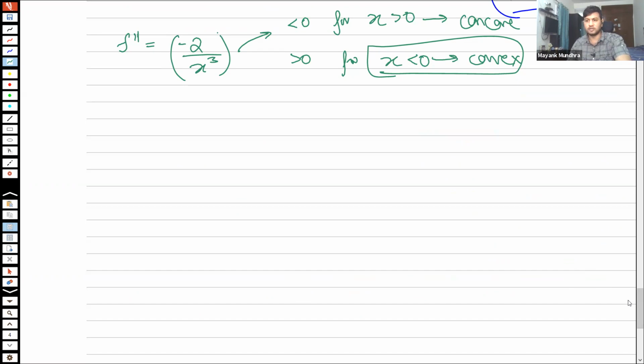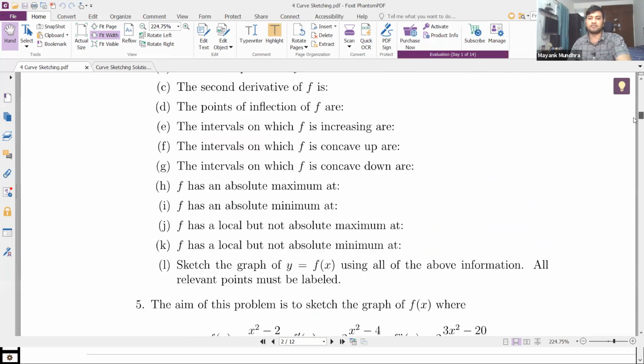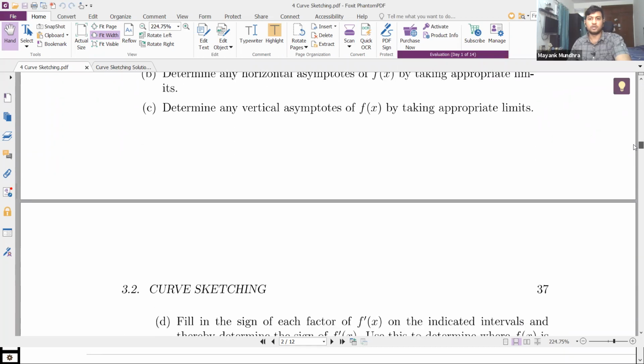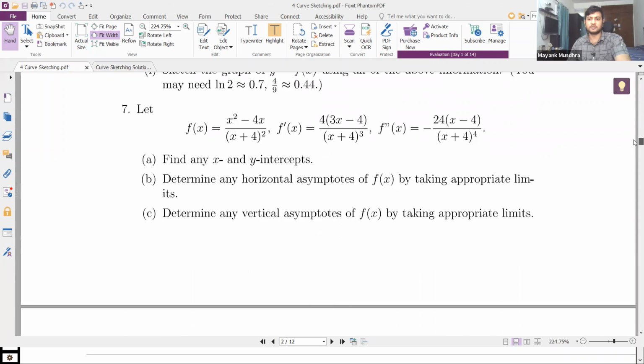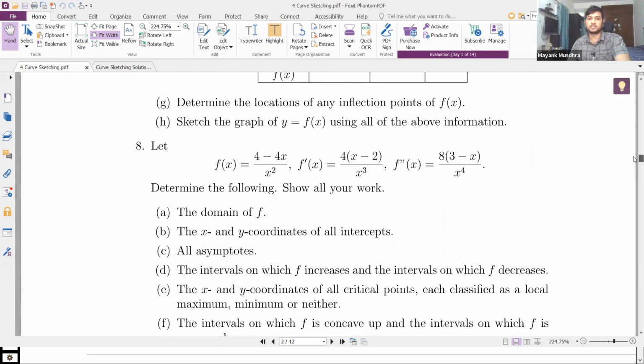There are, I guess, 25 odd problems here. So you can proceed, but ignore functions which have trigonometry in them. So you can do all these things. These latter problems will become interesting 7th onwards. Okay, so these problems will become interesting.